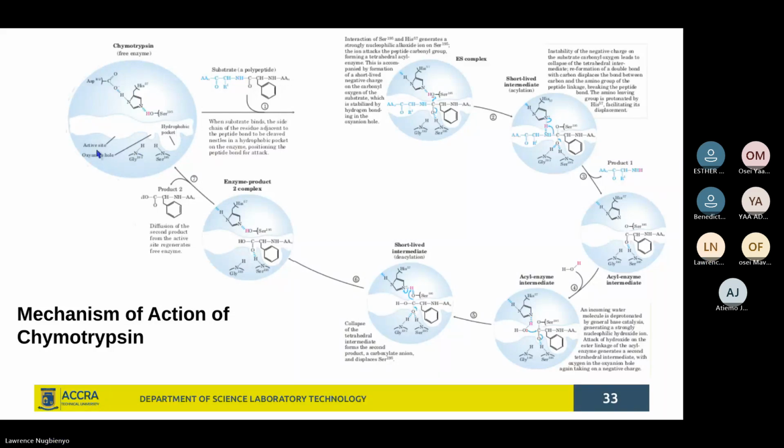The whole white portion inside is the active center, and that active center has some specific parts. The small groove here is labeled oxyanion hole, and then you have one large portion here, which is referred to as the hydrophobic pocket.